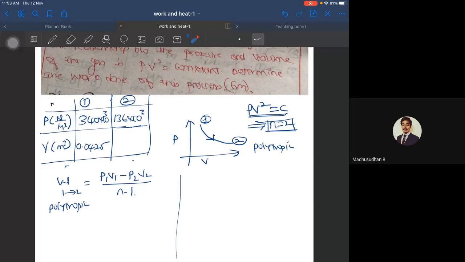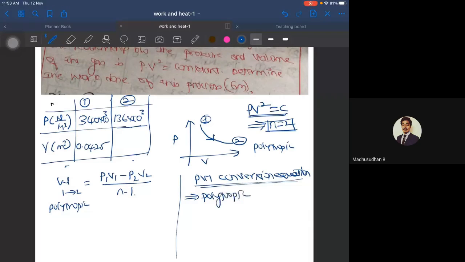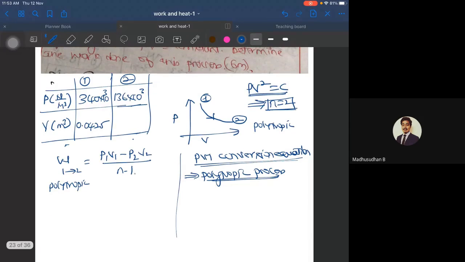So I should use the PVT conversion equation to calculate the value of the missing parameter. That is the PVT conversion equation for the polytropic process. Give me the equation.